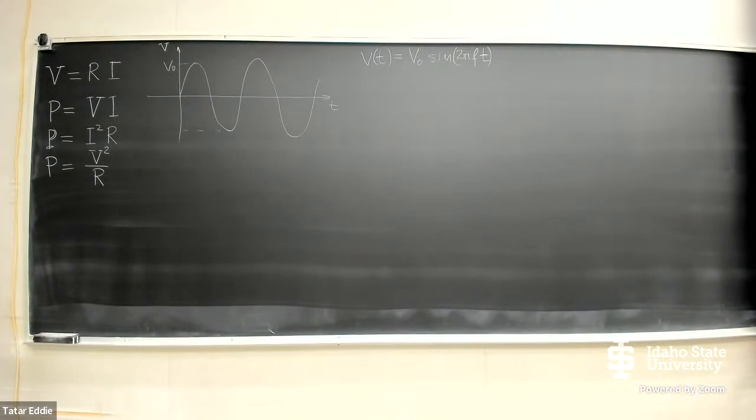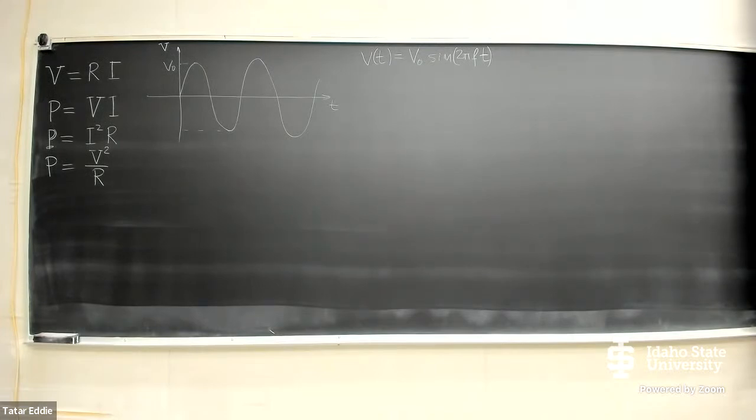What is the frequency on the grid? This number f. How many oscillations per second? I'm sure that you know. It should be 60. Of course, 60.